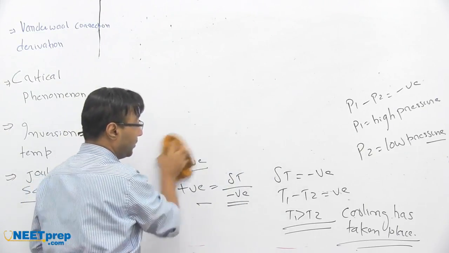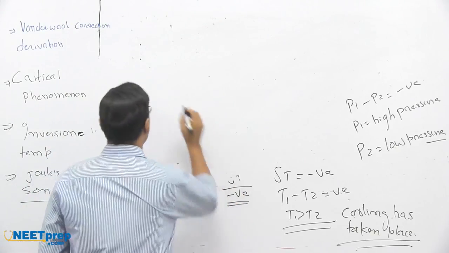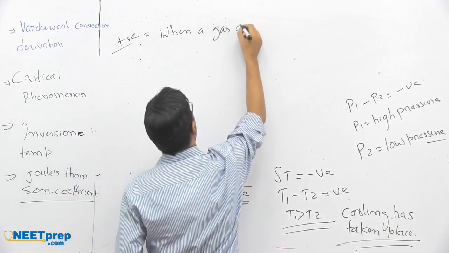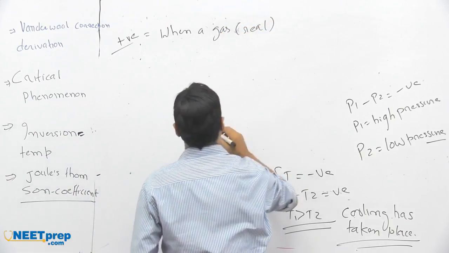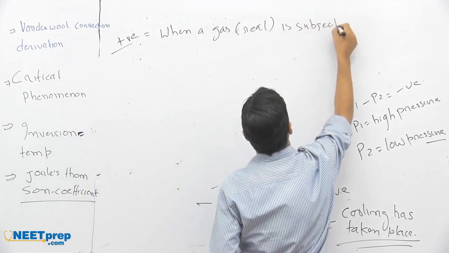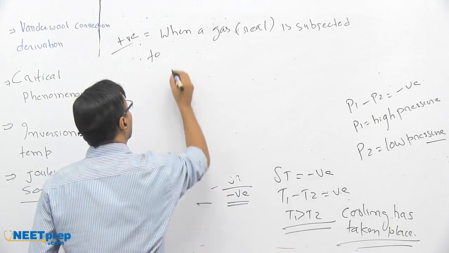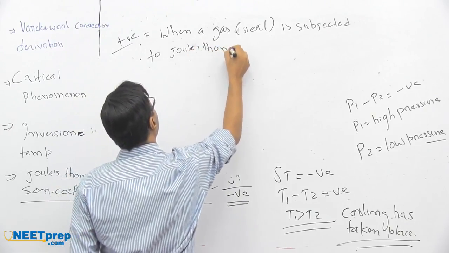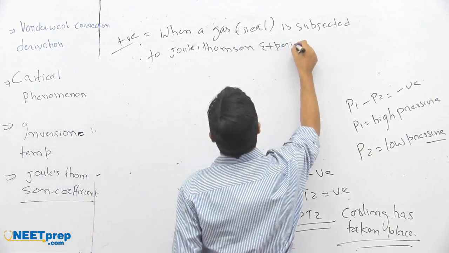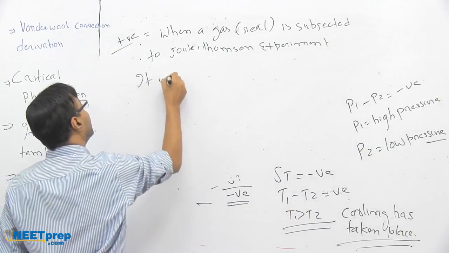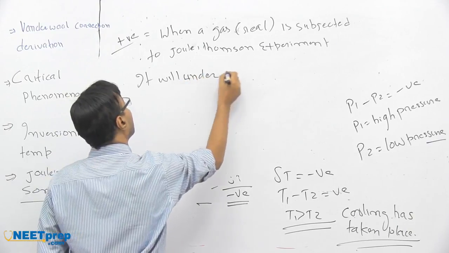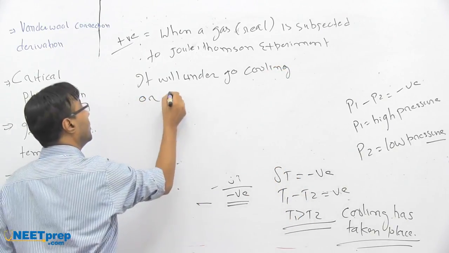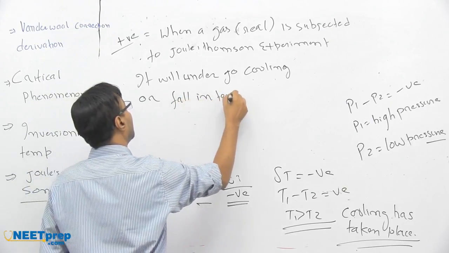So if mu JT is positive, it means when a real gas is subjected to the Joule-Thomson experiment, it will undergo cooling, or a fall in temperature will be noticed.